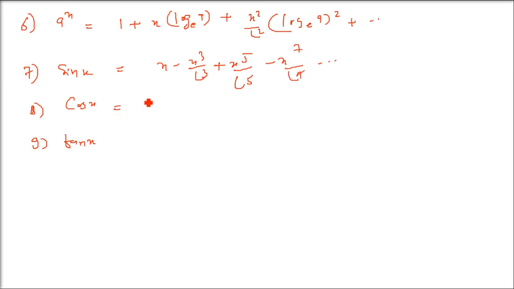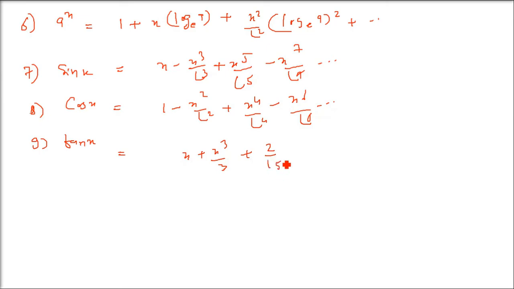Then cos x is 1 minus x square by factorial 2 plus x4 by factorial 4 minus x6 by factorial 6. Tan x will be x plus x cube by 3 plus 2 by 15 x5. So these are all expansions you need to know.